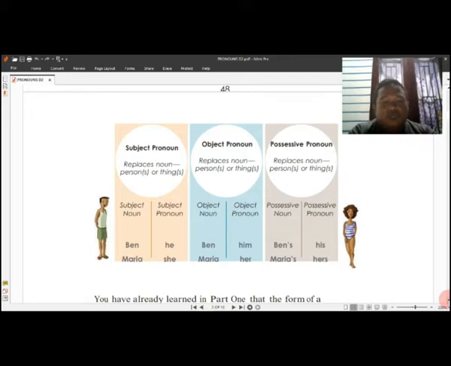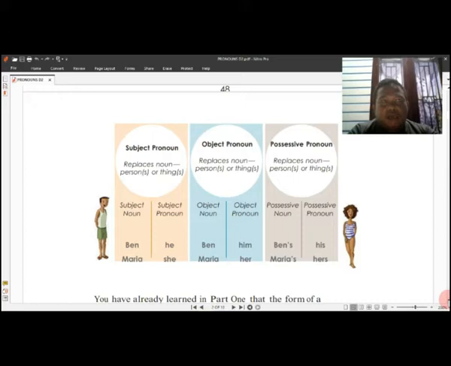Also, when we switch them to an object in a sentence, Ben becomes him, not he anymore. He and she work only as subject, while as object he becomes him, she becomes her. Okay. As for the possessive pronoun, I already explained before.